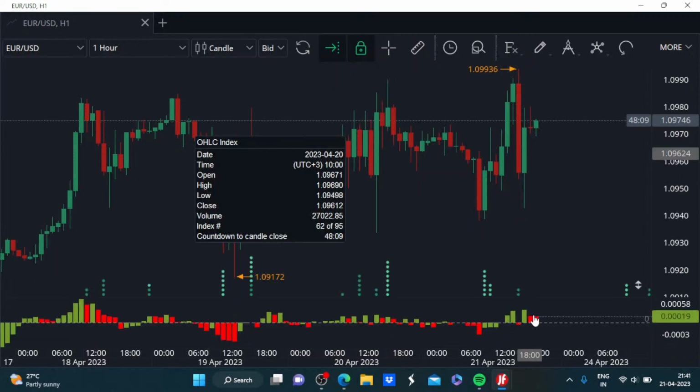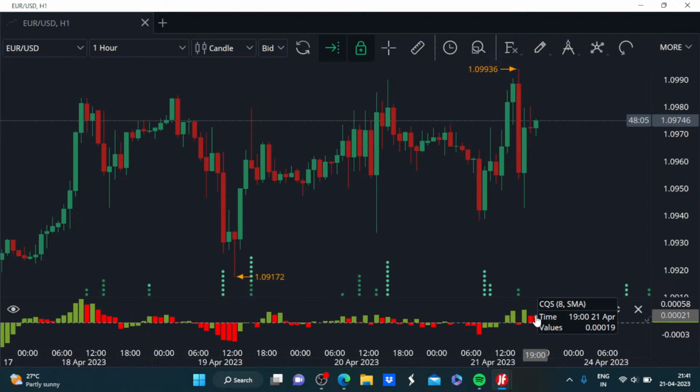The calculation is basically dependent on the difference between the closing and the opening price of n periods of candles. So suppose, for example, we are taking 8 as the calculation period, then the last 8 candlesticks are considered, their closing price and opening price are compared, and the difference is taken into consideration, and afterwards the SMA of that difference is calculated.